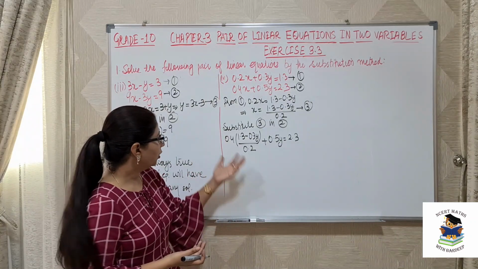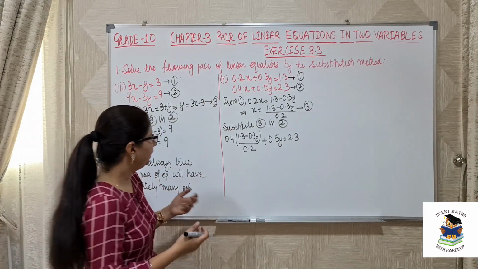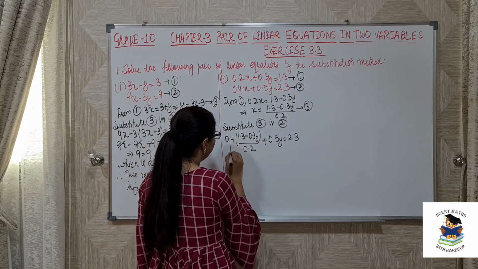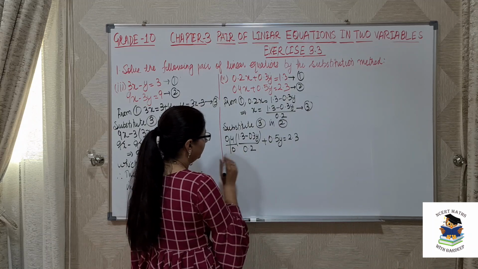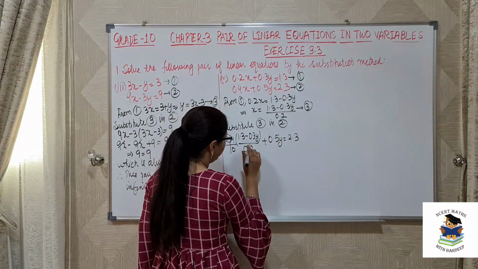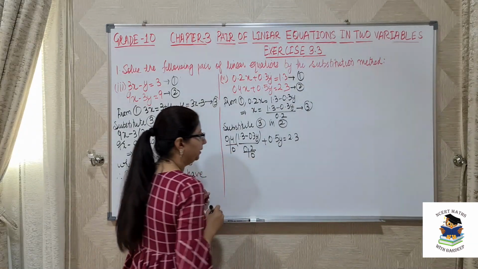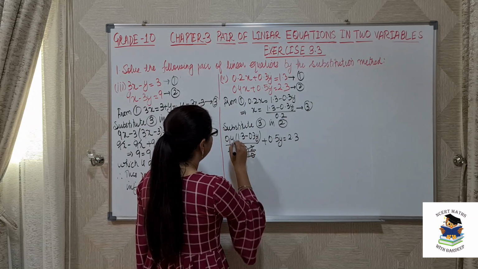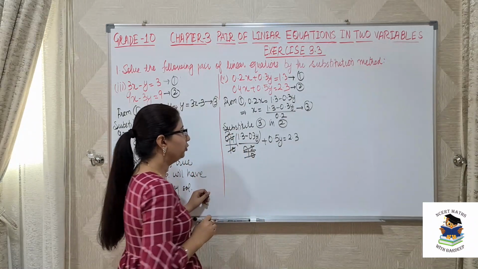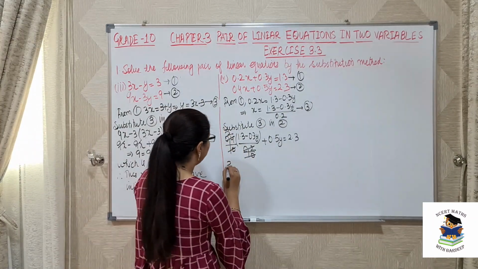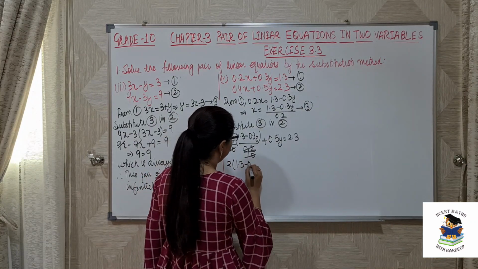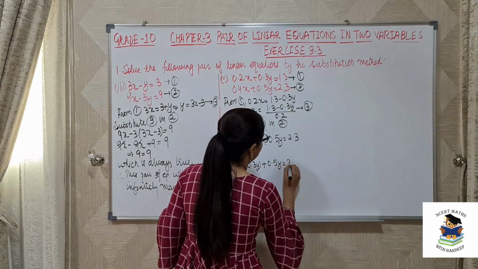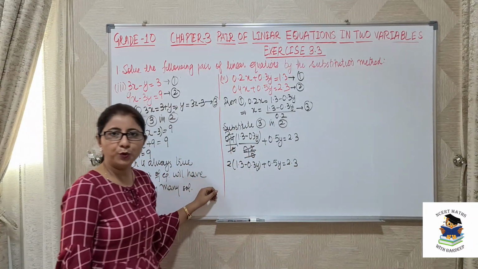I think you already know how to solve this decimal, but let me explain this once again. So this 0.4, if I remove this decimal, 10 will come here, and for this 0.2, if I remove the decimal, it will come here. Okay, so this 10 and this 10 will be cancelled. Now 2 and 4 is 2. So I am left with 2 times (1.3 minus 0.3y) plus 0.5y is equal to 2.3.